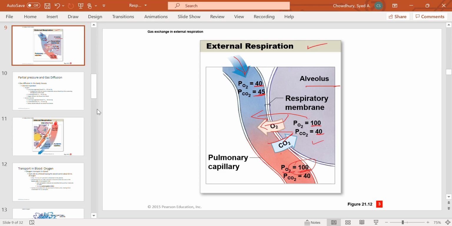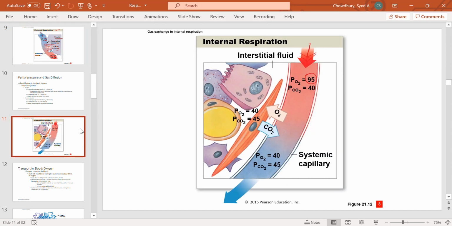But this blood goes to the heart, and then the heart sends it to the body, to the tissue. And when the blood moves towards the tissue, in some places in your body there are arteriovenous anastomosis. What is that? This is an artery and this is a vein, and in some places arteries and veins are connected by short vessels. This is called anastomosis.